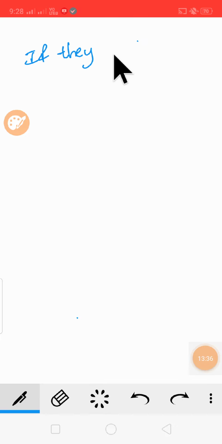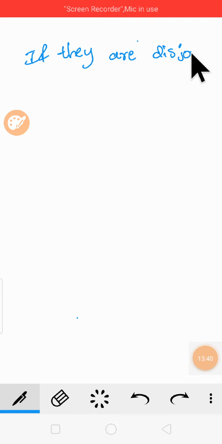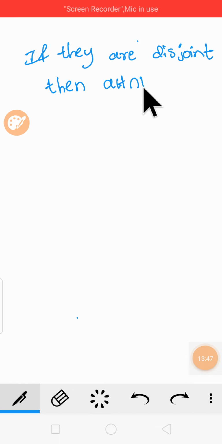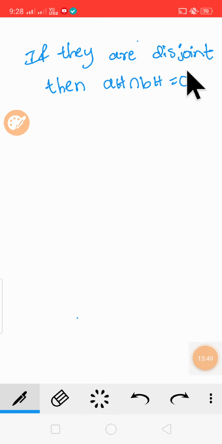We suppose that the two left cosets aH and bH are disjoint, then aH intersection bH equals phi.